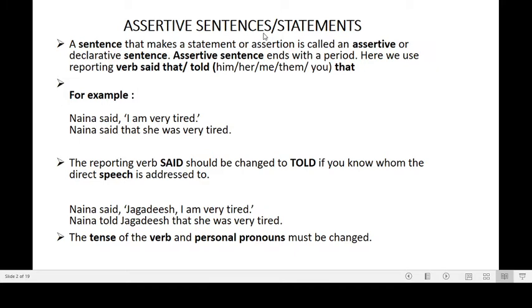Here in assertive sentences, that is in statements, you have to use the reporting verb said that and told him that if the name of the person to whom the statement is addressed is given. So that is about assertive sentences.